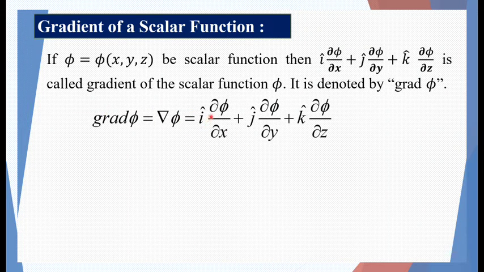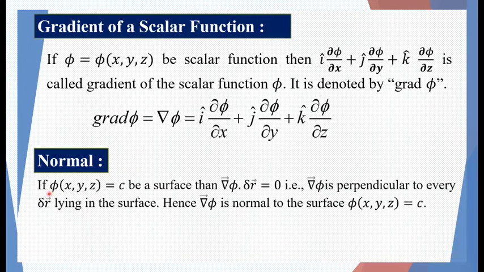So it is equal to i del phi over del x plus j del phi over del y plus k del phi over del z. So here two terms are there. One is the normal. So what is the normal? If phi(x, y, z) equals c is a surface, then del phi dot delta vector r is equal to 0.